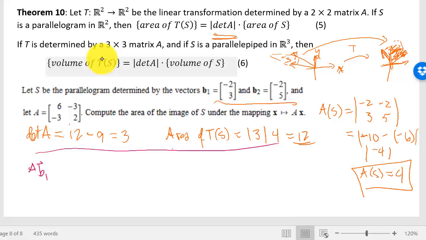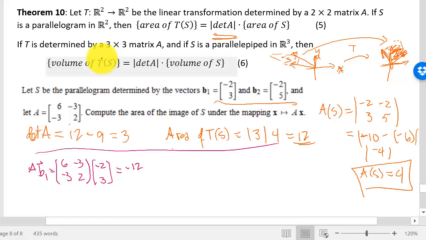So let's send the vector b1 over through this transformation. So that's 6, -3, -3, +2, and then our vector -2, 3. So this is going to be -12 minus 9. I think this is -21.